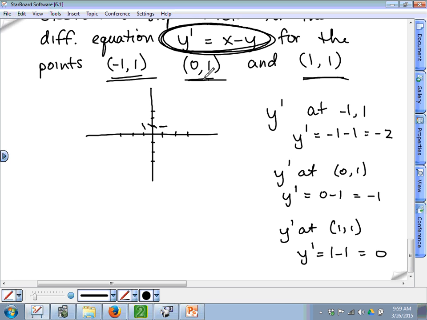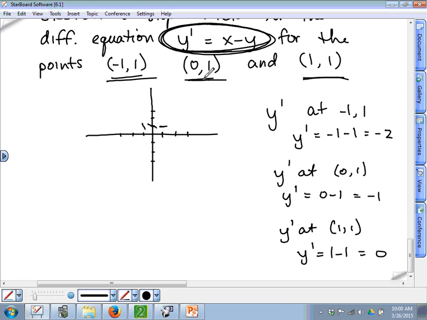Let me repeat it. What generates a slope field? What can you do with differential equations? You can find general solutions or particular solutions. The slope field in a way could be considered the general solutions. It's all the general solutions that could happen. If you want to use the slope field to find a particular solution, you have to have a point.